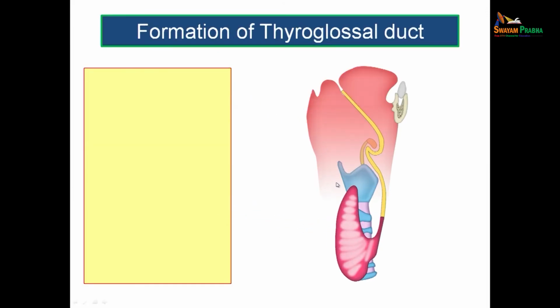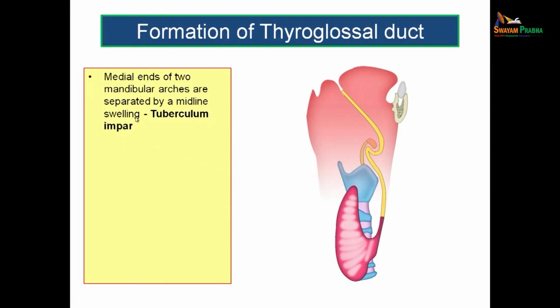So let's see what we mean by the thyroglossal duct. We have already mentioned the mandibular arches, the first arch. The two arches from each side get fused in the midline, and there is an elevation known as the tuberculum impar.